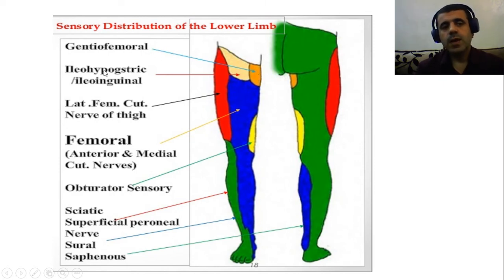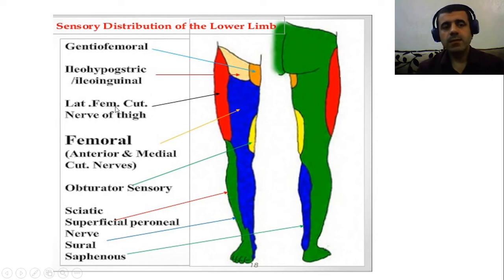We have the hypogastric area. These supply the inguinal areas, which lie at the upper part of the thigh anteriorly, beneath the inguinal ligament. Okay, beneath the line of the inguinal ligament are supplied by these nerves.